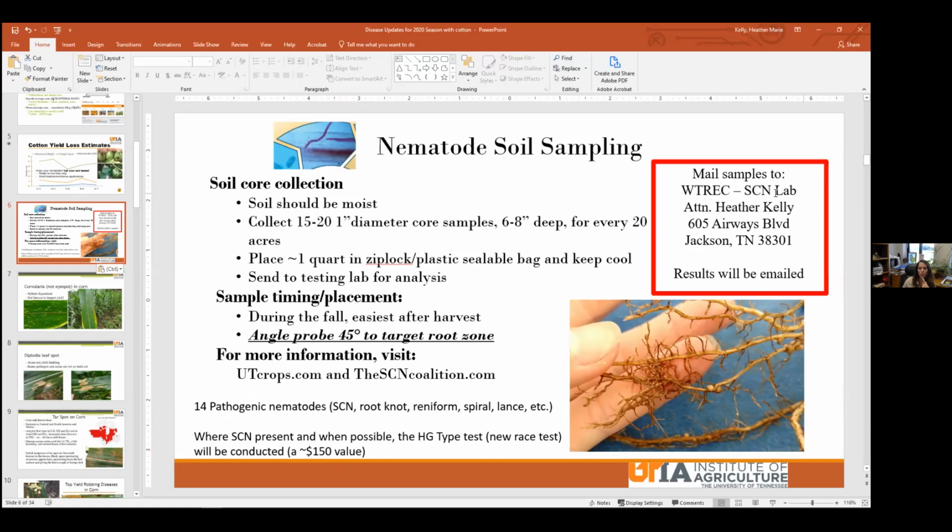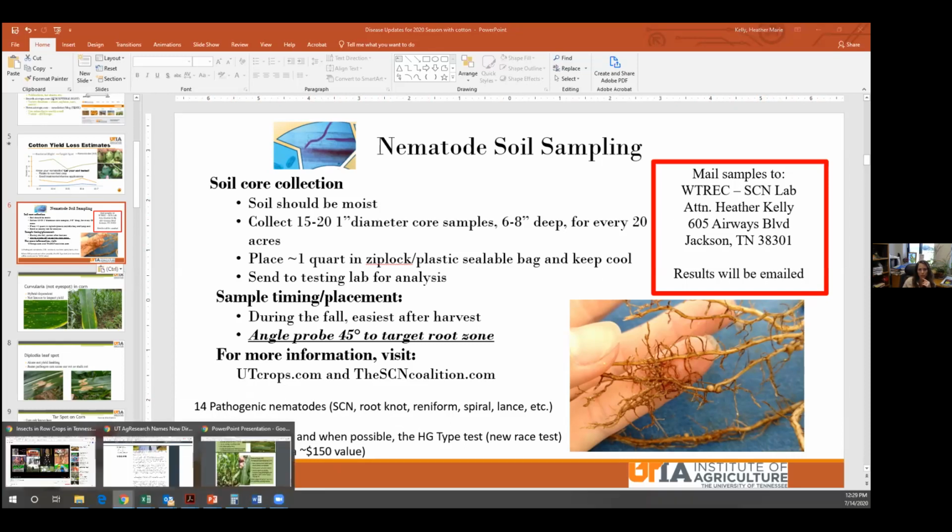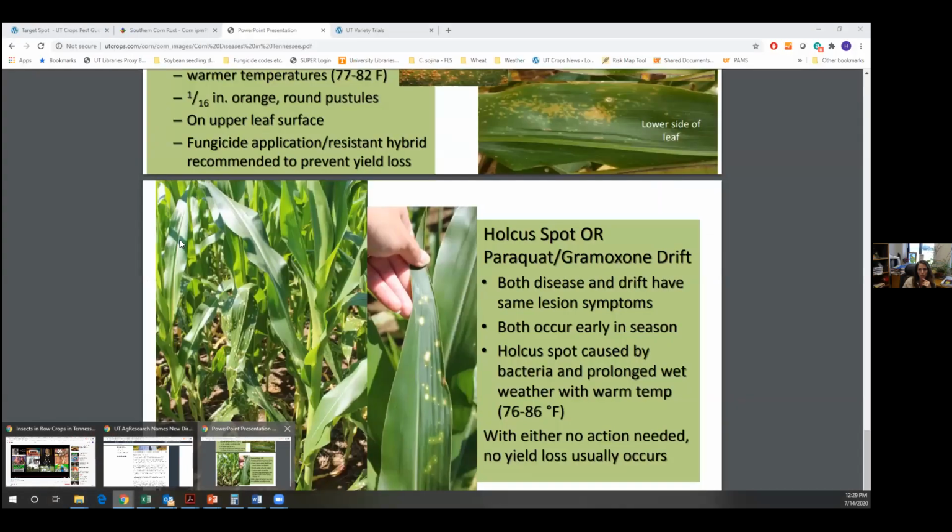But again, if you do want to mail it to us, here's where to mail it. And even if it is for cotton, you could still mail it to this lab, or for corn, you'd still just fill out a form to make us aware of that. And that form is on the utcrops.com site.